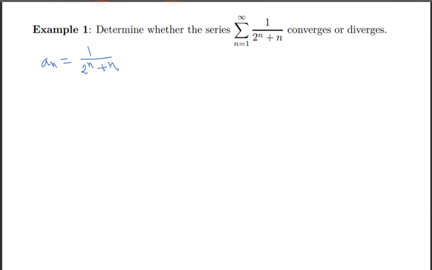You need to choose some bn, which may be some p series or some geometric series, in such a way that we have an less than or equal to bn, or an greater than or equal to bn, whatever. You have to choose like this, and you have to test for the convergence. So how will we do it?